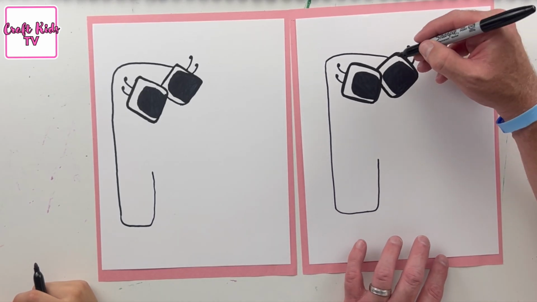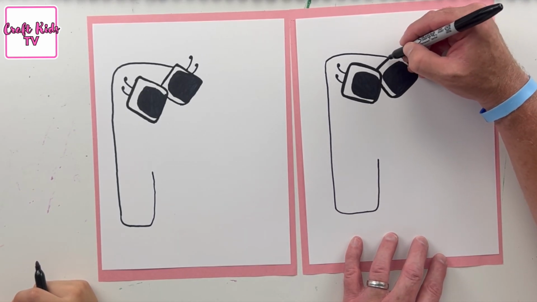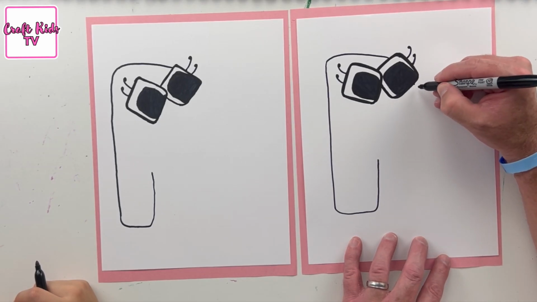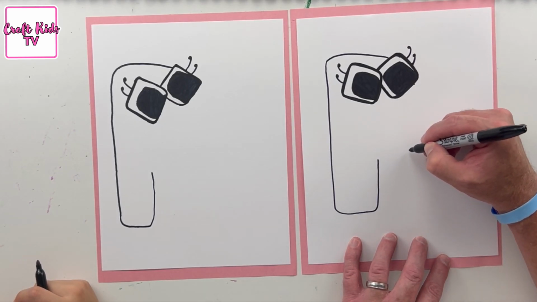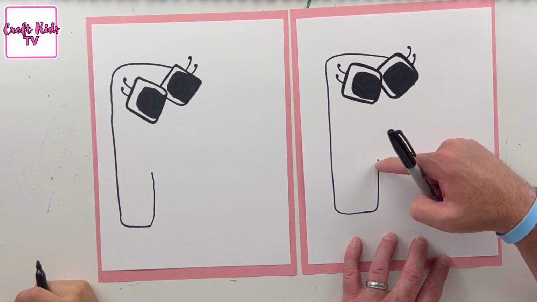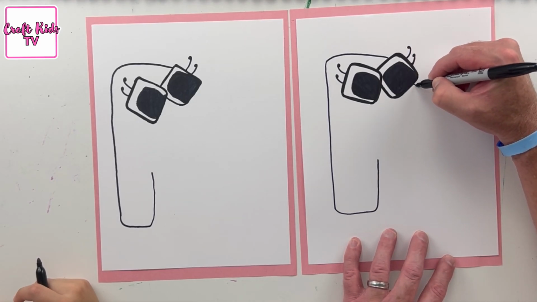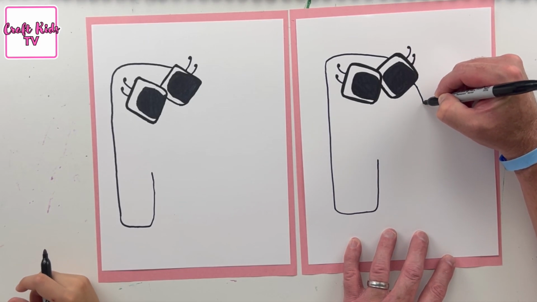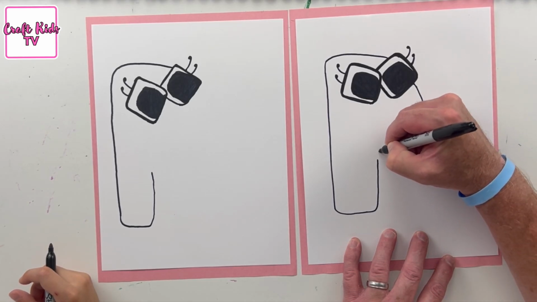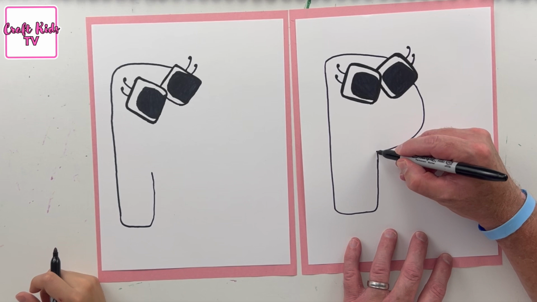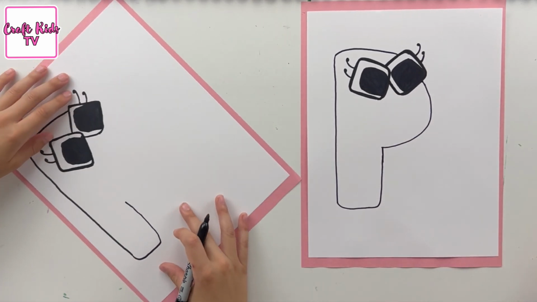Obviously it doesn't go through the eyeball, but it's behind the eyeball. But we're going to imagine it going through. It's going to come out right about here. And then we're just going to complete. So mine might be a little bit low, but I'm going to just go with what feels right. Yeah, go up. And I'm just going to complete P like that. And then I can go up and meet that, okay?